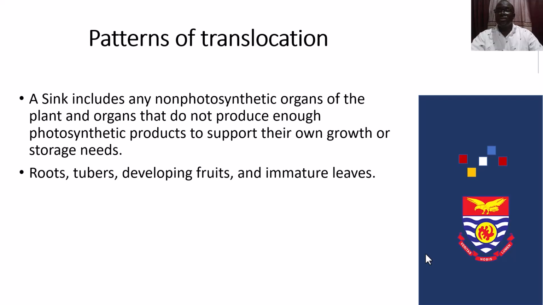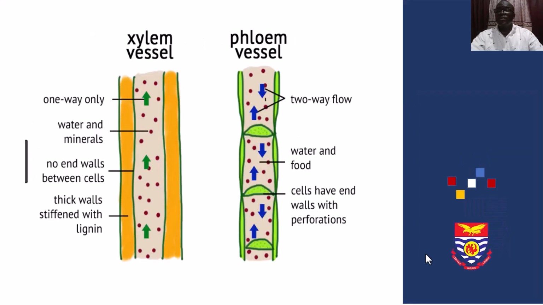Roots, tubers, developing fruits, and immature leaves. So you have the xylem and you have the phloem. The xylem is one way only. That's the movement of minerals and ions, so water and minerals. No end walls between cells.